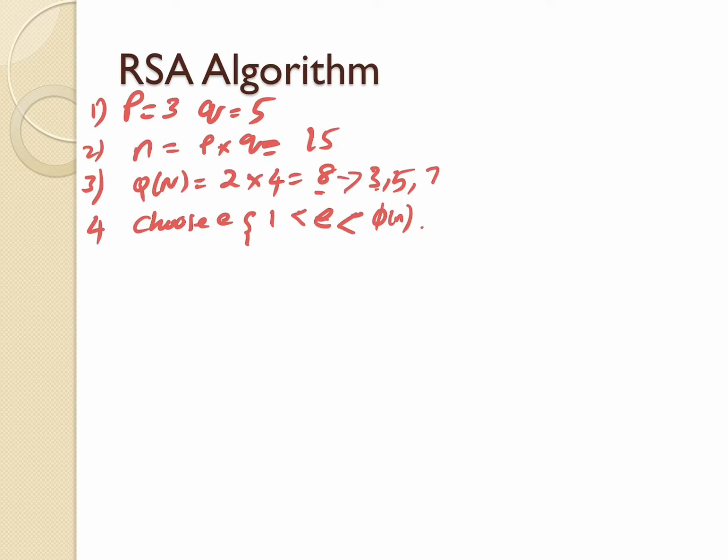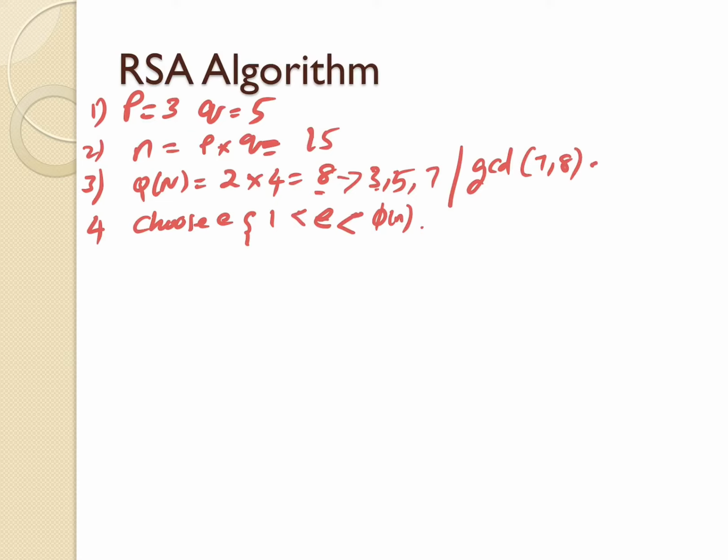So I'm going to write 3 and then 5, and up to 7. We can take any random number, but I'm going to consider another property called GCD, the greatest common divisor.